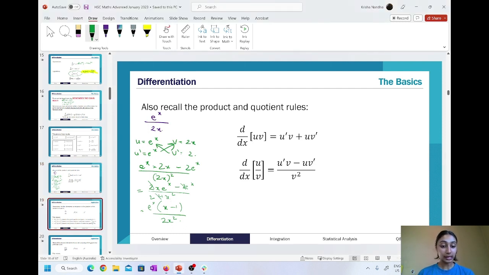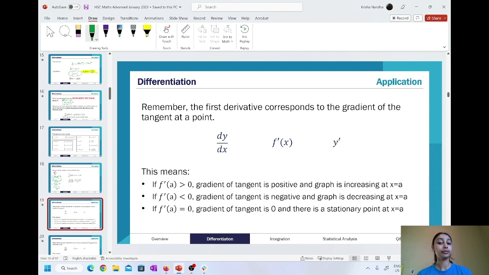Okay, now let's do the application of differentiation. Now, once again, what does it properly mean? The first derivative is, as I was saying before, the gradient of the tangent at any given point. Okay, so that can be given in a range of notations: dy/dx, or d/dx, f dash of x, or y dash.